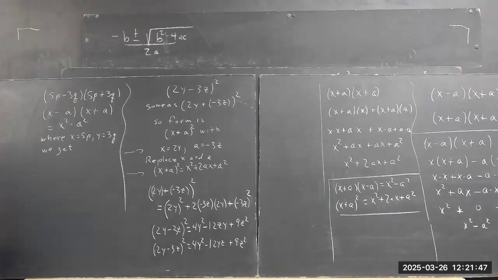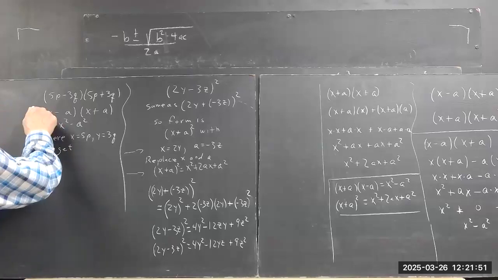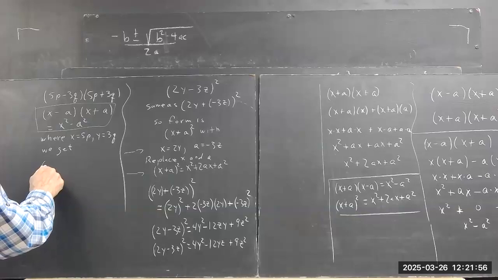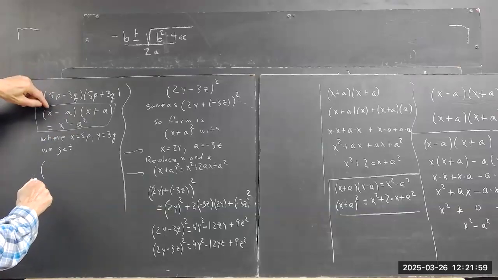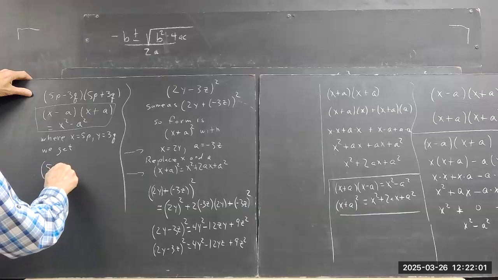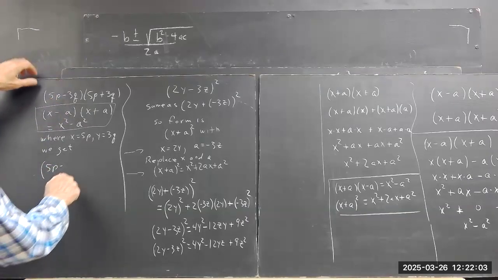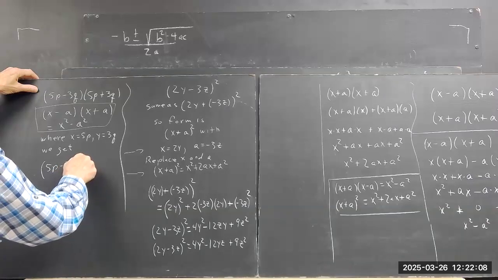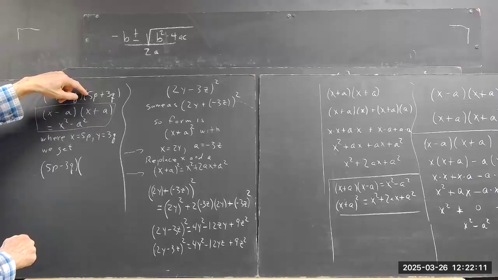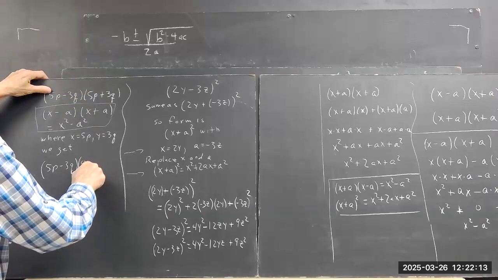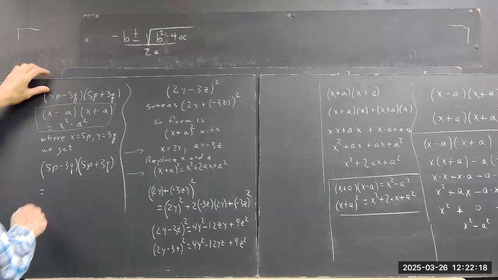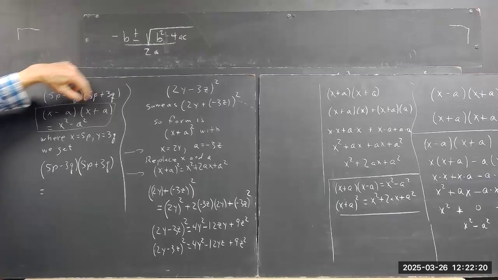So for x equals 5p and y equals 3q, writing this whole thing, x is 5p, a is 3q. Again, x is 5p, a is 3q. So this side is just what we have here.